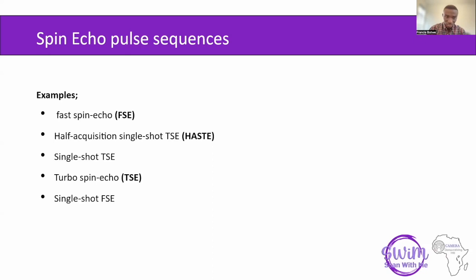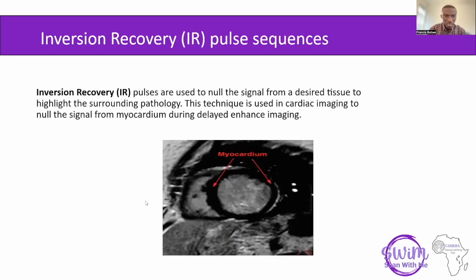Various vendors use different nomenclature; HASTE is normally for Siemens, and Philips, I think, use single shot turbo spin echo. So it depends on which brand of scanner you are using. Normally, they all perform the same functions. Can we move on? Thank you.